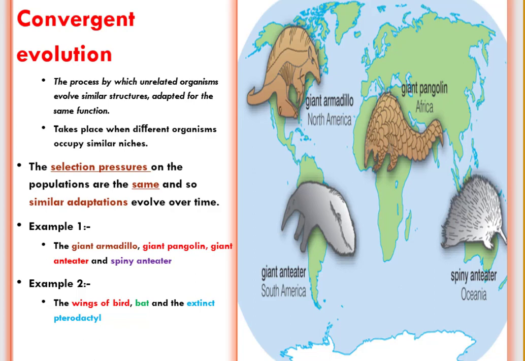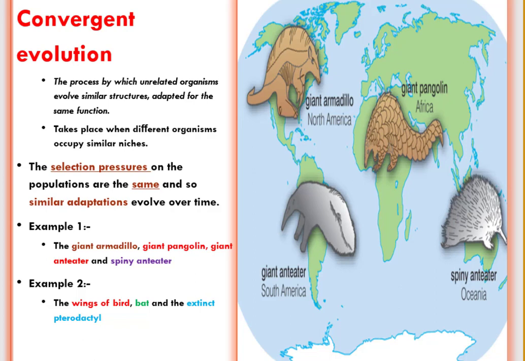This can happen when different organisms occupy similar niches. When selection pressures or environmental factors on the populations are the same, similar adaptations can evolve over time. That means convergent evolution creates analogous structures that have similar form or function but were not present in the last common ancestor of those groups.